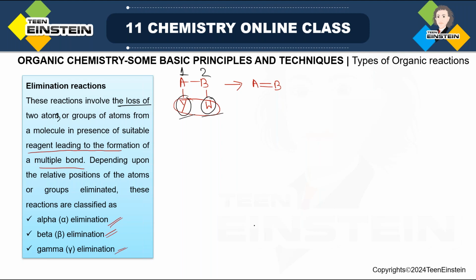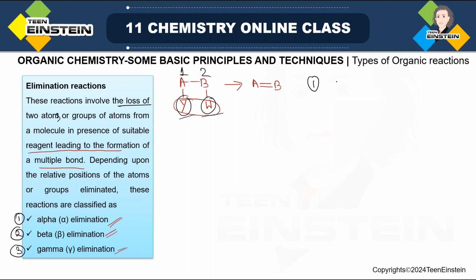Now here, we have not mentioned anything about the type of reagent, whether it is nucleophilic or electrophilic or radical. We are not doing the categorization based on that. The categorization we are doing is based on the position of the atoms or groups that you are eliminating. Okay.